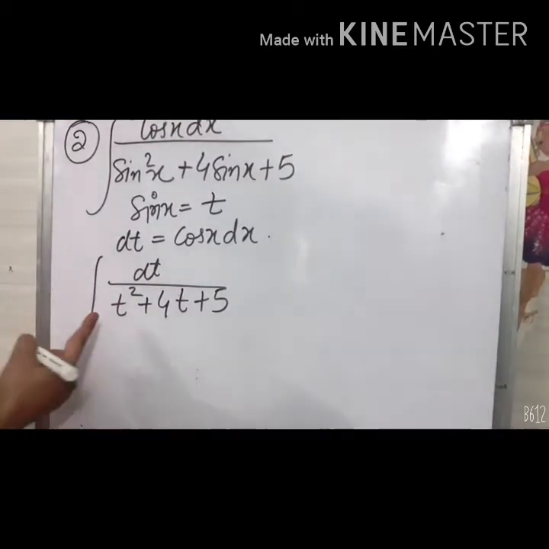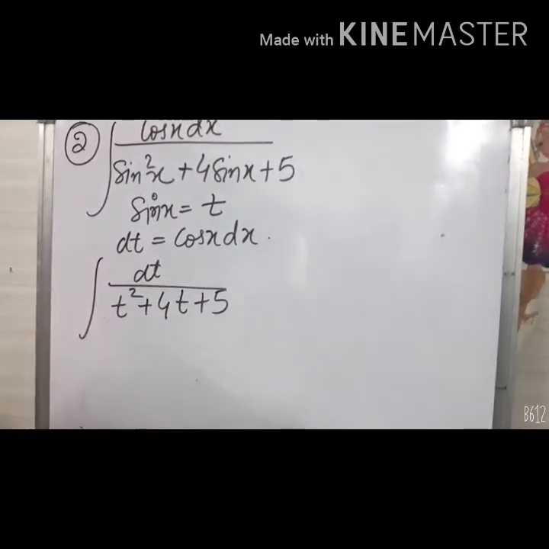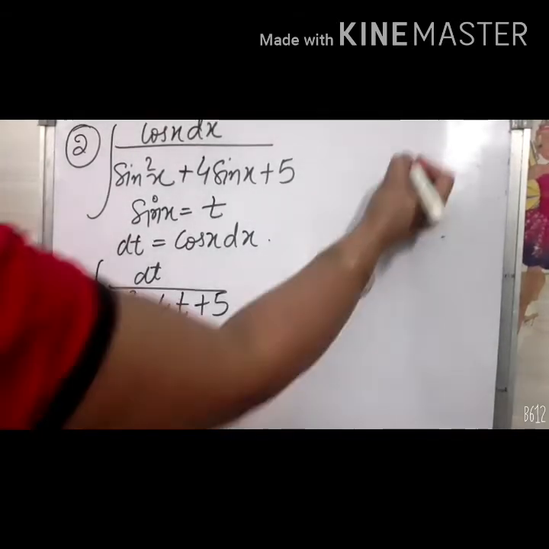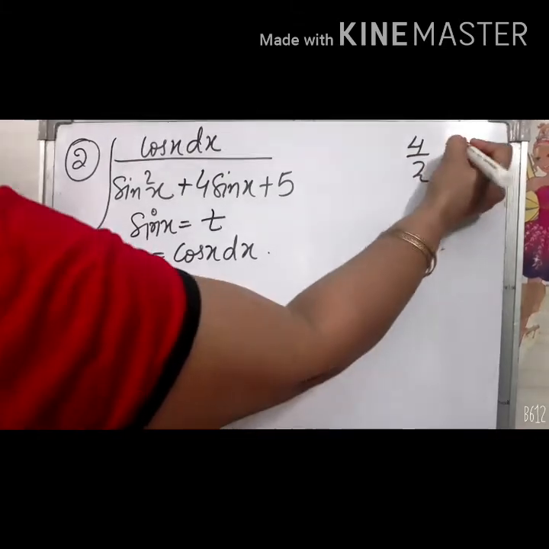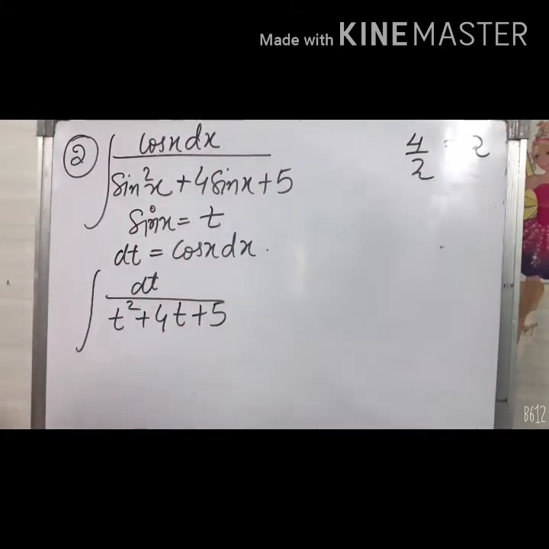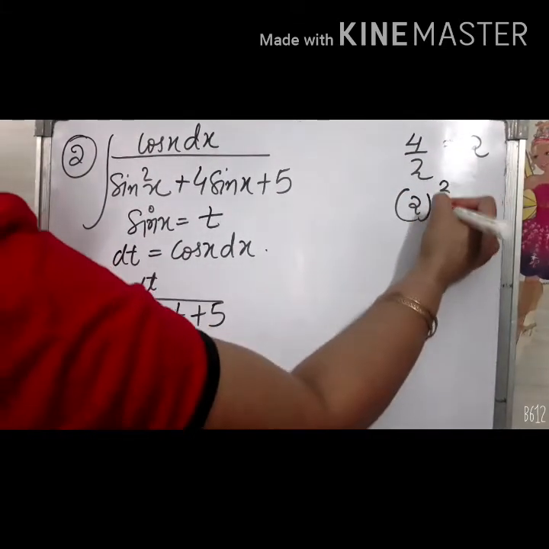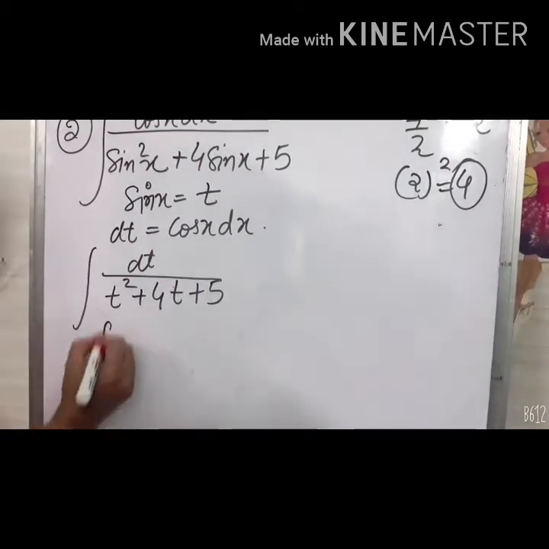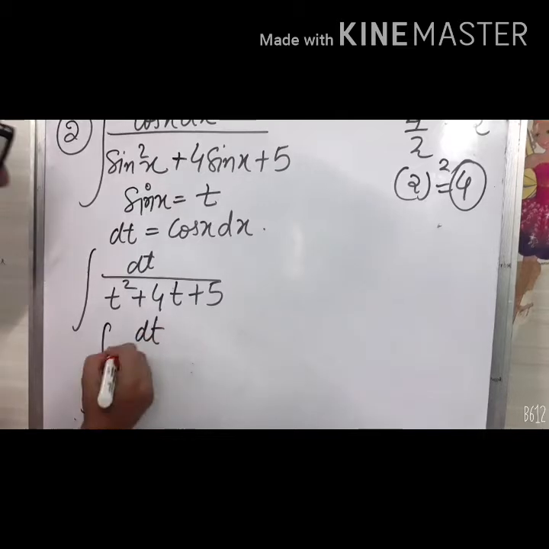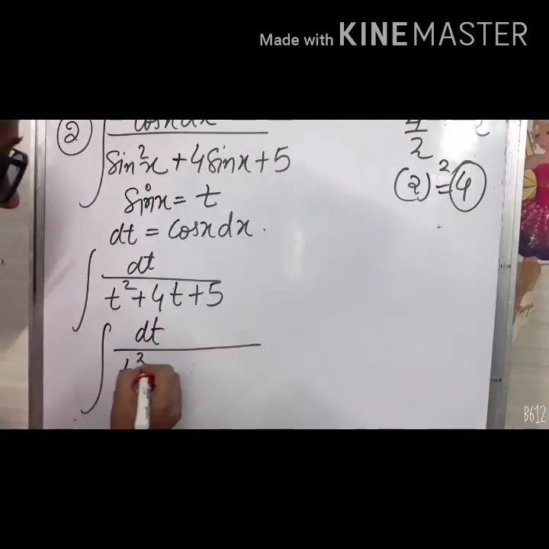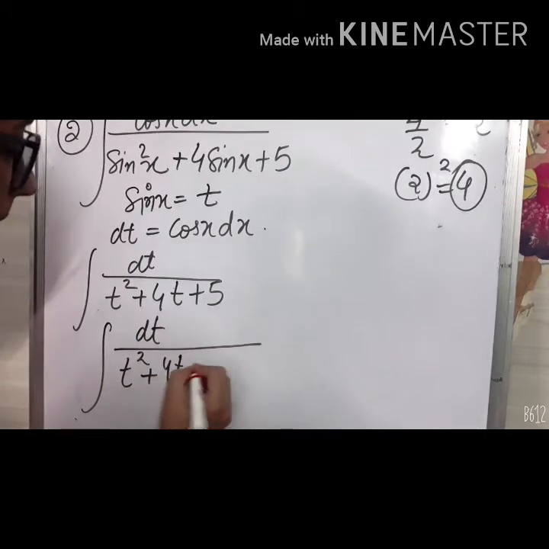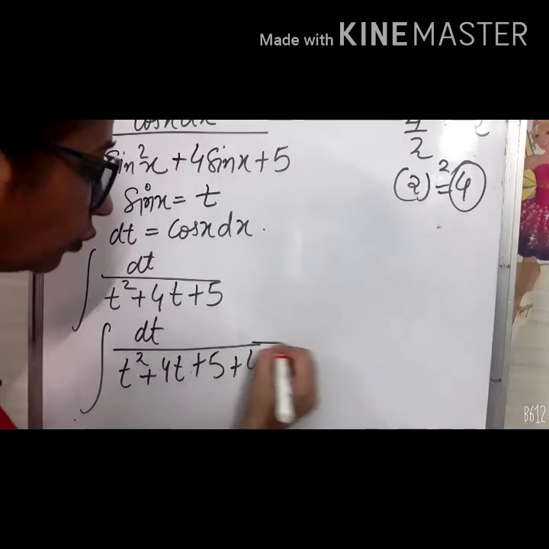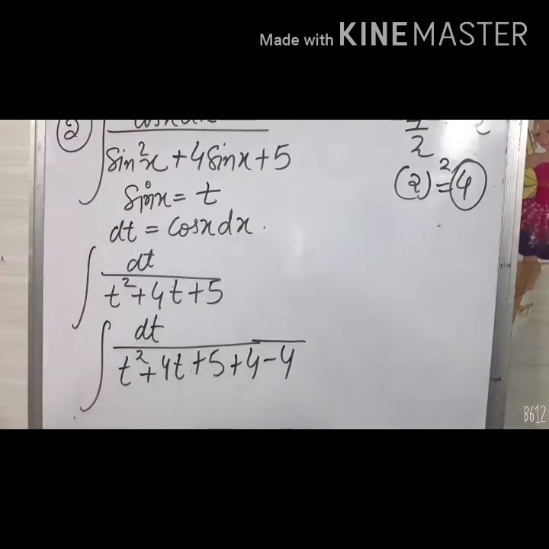Now what I told you, what is the coefficient of t square? 1. No division. The coefficient of t is 4. Take the half of that, it becomes 2. What I said, do the square of 2, that becomes 4. Add that part, subtract that part. It becomes t square plus 4t plus 5. I said plus 4 or minus 4. Understood?